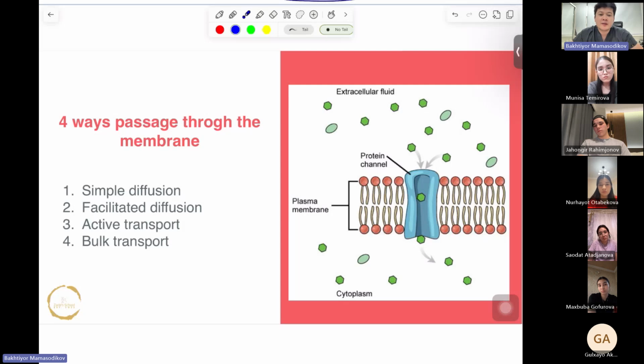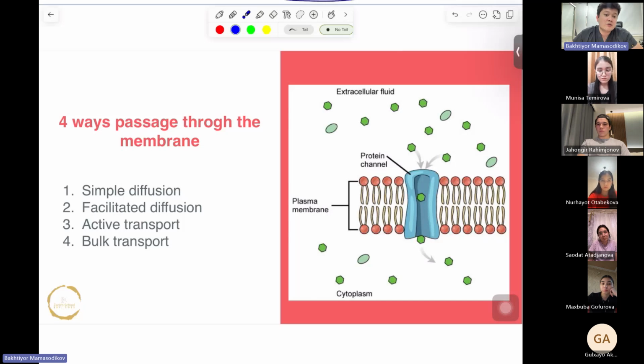Diffusion means moving of substances from one place to another place. For example, if you use perfume, the smell of the perfume is going to go until the next room or until the corridor. From one place, it's moving to another place, and this is called diffusion.